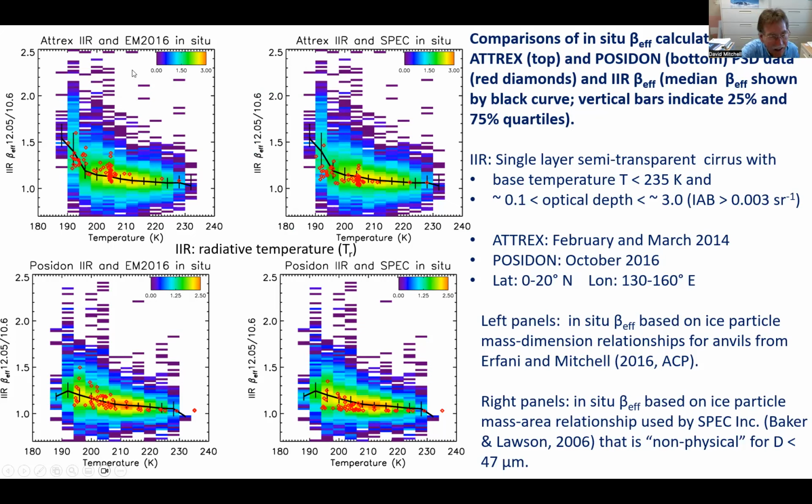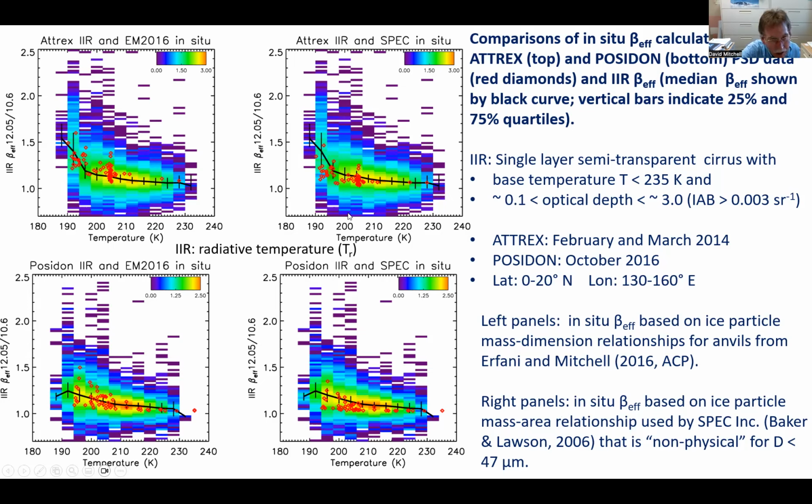On the left side is using the Erfani-Mitchell 2016 mass relationships. On the right side, it's the SPEC standard relationships, Baker and Lawson, actually 2006. And that relationship goes non-physical when the maximum dimension is less than 47 microns. So we know that can't be true. We can't trust it there.